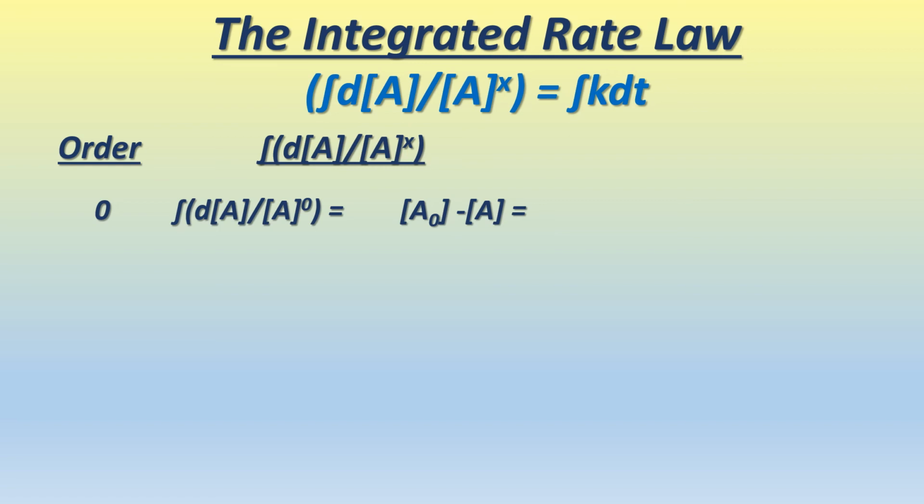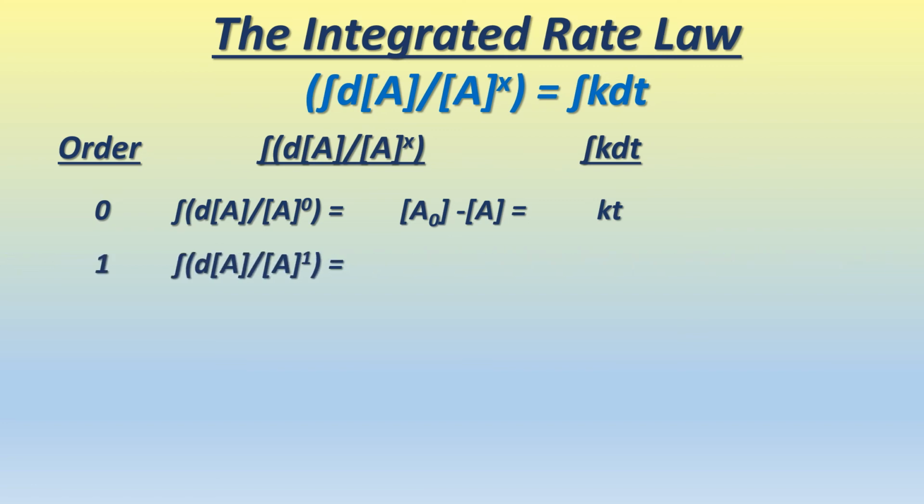The change of k dt is going to be kt. So the integrated rate law for a zero-order reaction is your original concentration minus whatever concentration is left at time t is going to be equal to kt.